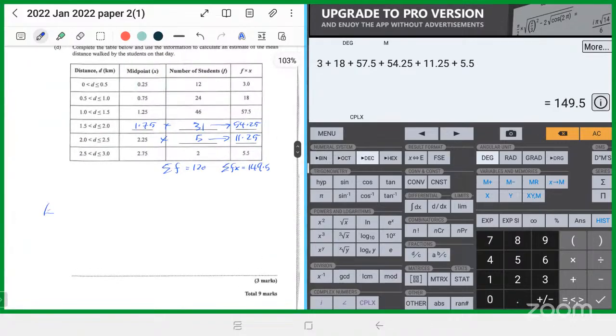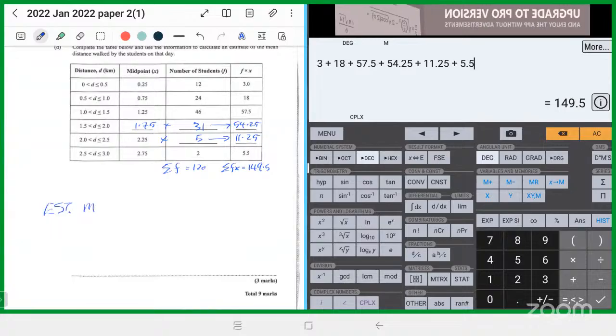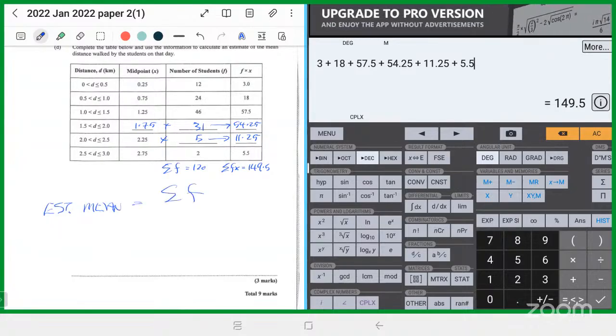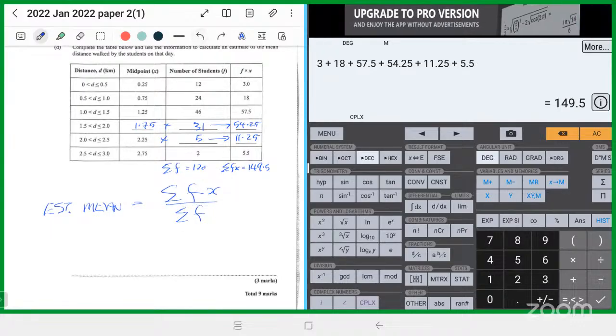All right. And then now the estimated mean, from the sum of fx divided by the sum of f. This is the sum of fx. This is the sum of the frequency, which is the number of students.